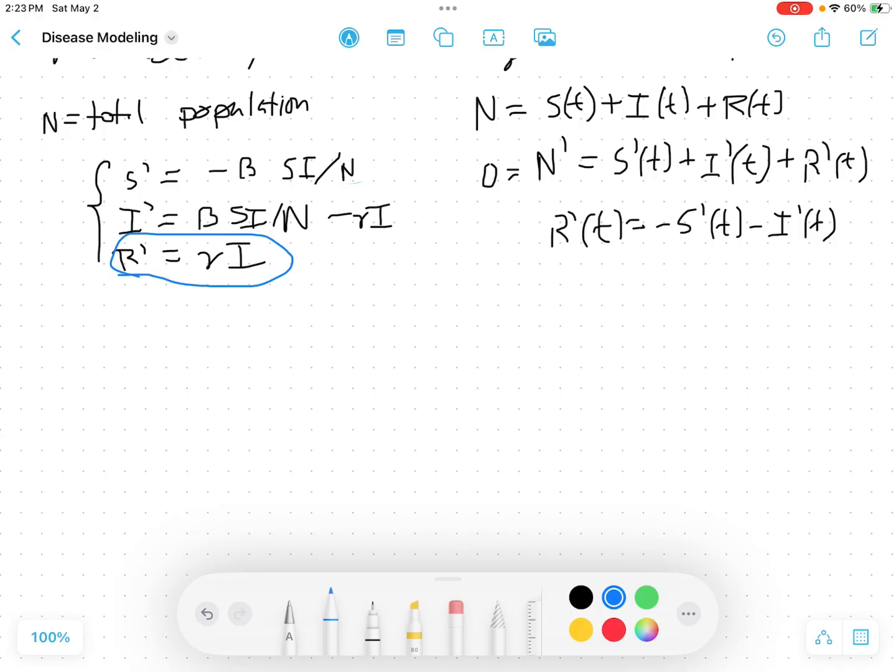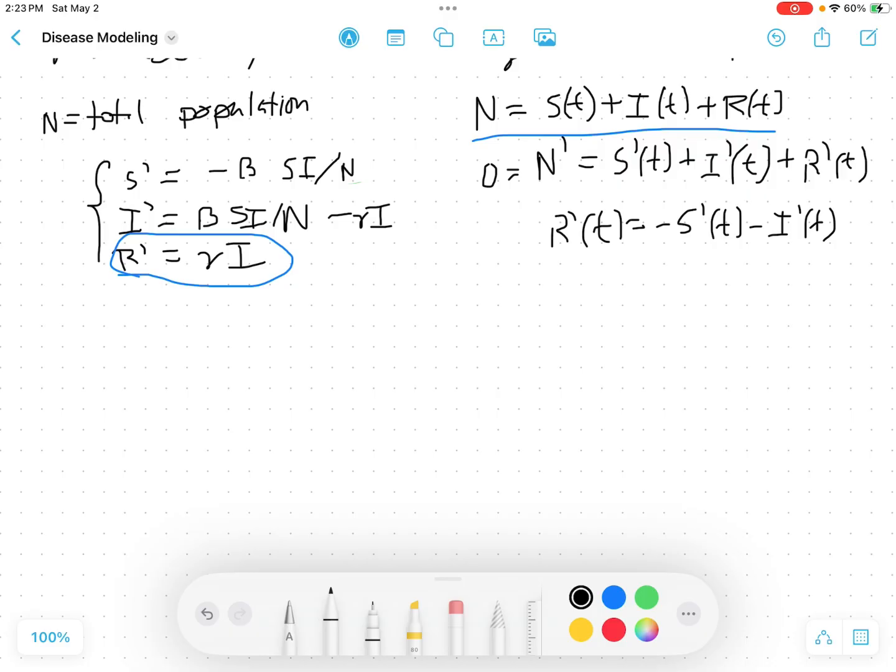As we've written it here, we have our S's and I's only in the top equations, and so we don't even have any R's showing up. We could use this information here if we had any R's to rewrite them in terms of just S and I. So really we just need the top two lines of this system.